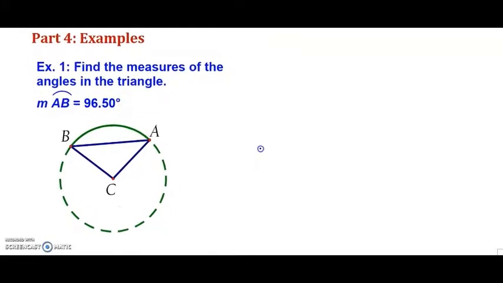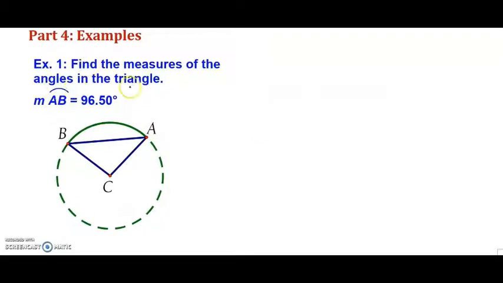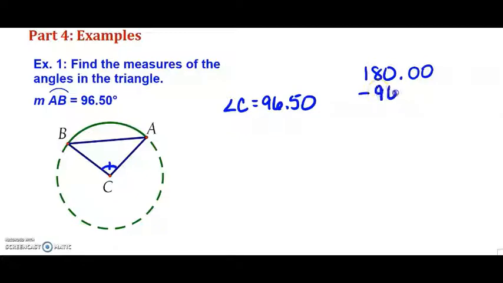So let's look at some examples. To find the measures of the angles in a triangle, given that the measure of arc AB is 96.50. That means the central angle is 96.50. And we know that all 3 angles of a triangle total 180 degrees.